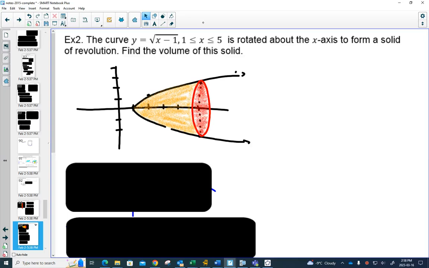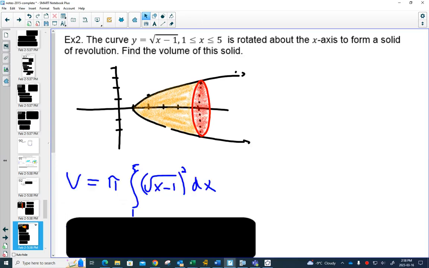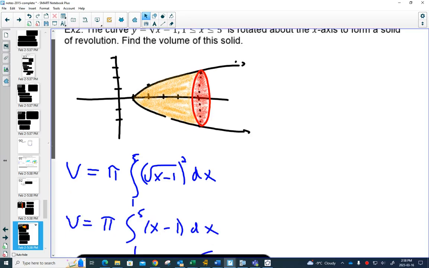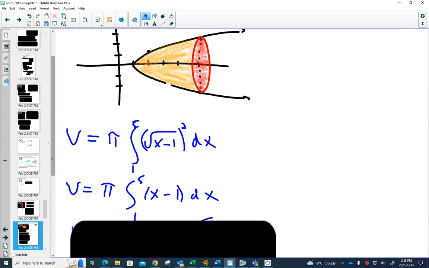And so to find the area of that ham. And this is where things turn out really nicely, because the radius was a square root, it gets squared, which makes it a really nice equation. We just have the integral from 1 to 5 of x minus 1.